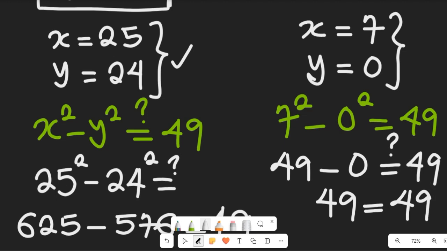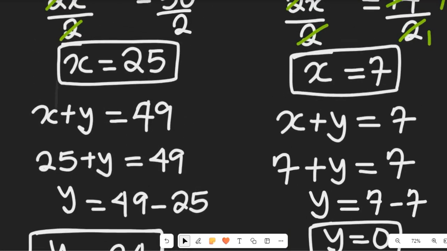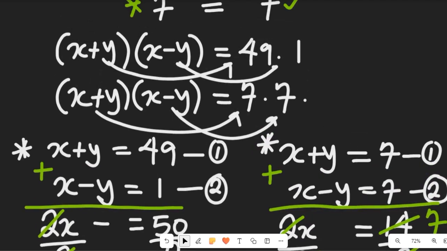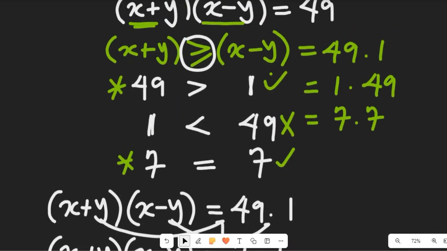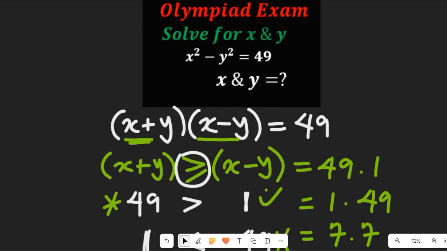And what do we have? That tells us that this expression x equal to 7 and y equal to 0 are absolutely correct. So what does that tell us? That these two solutions are the solutions we get for the value of x and y that satisfy the equation given to us above here.